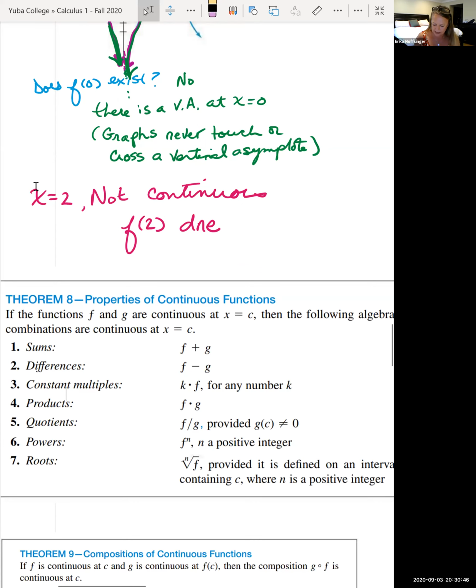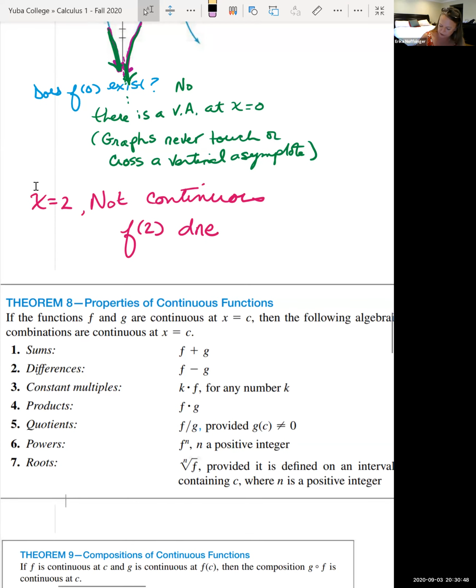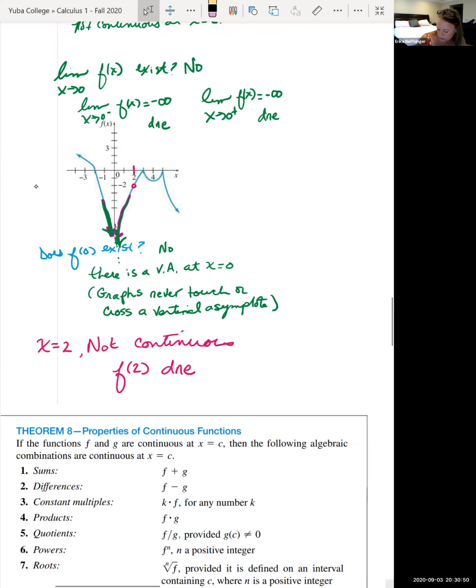And if we look at that, the limit as x is approaching 2, on the left and the right are heading towards the same y value. So left, right, that y value that it's getting closer and closer to is -2.